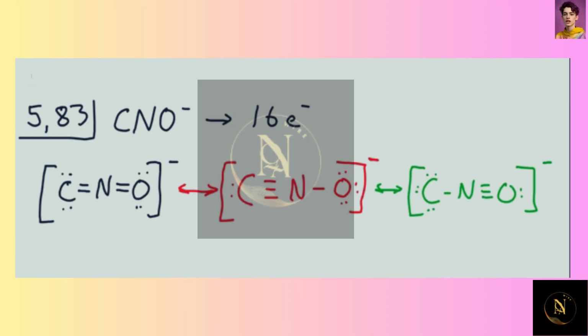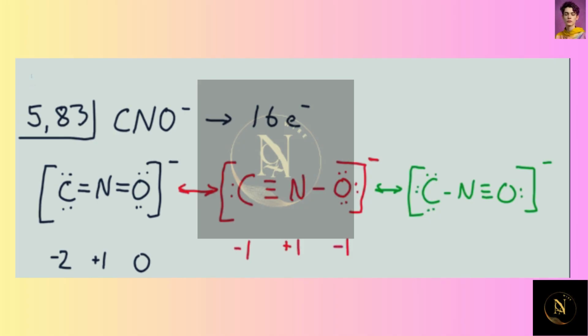So if we calculate formal charges for each of these compounds, then we'll see that carbon here on the left will be 4 minus 6, so negative 2. Nitrogen will be 5 minus 4, so positive 1, and oxygen will be 0. For the center resonance structure, we now have 4 minus 5 for the carbon, negative 1. 5 minus 4 plus 1 for nitrogen, and then 6 minus 7, negative 1 for oxygen.